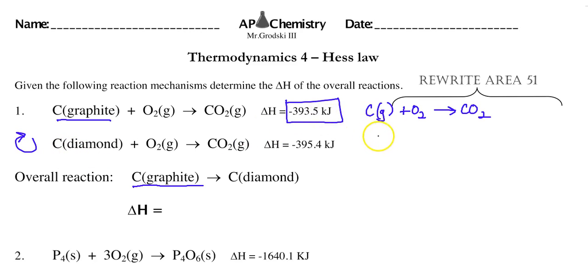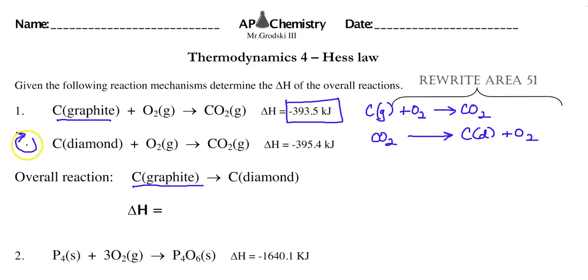So this is going to become CO2 plus carbon diamond, little d here. Sorry, I know I messed up there. Flipping around sometimes I can't flip around too well. So CO2 equals C diamond and the O2.